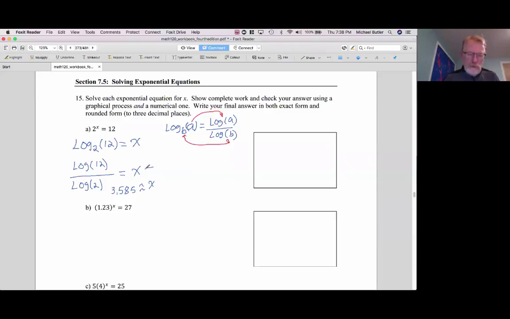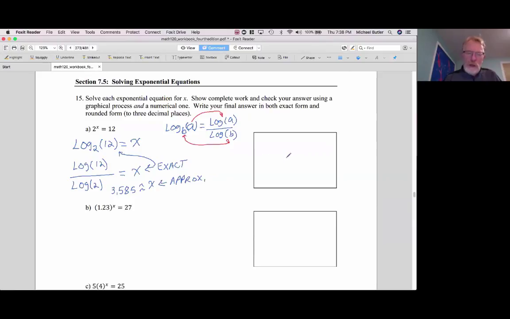This one right here is the exact, and this one right here is the approximate. They made a big deal in the book to explain the difference between those two. Mathematicians are geeks. They like the exact answers. But out there in the real world, you're going to use decimal approximations. And by the way, log base 2 of 12 is also a perfectly acceptable exact answer.